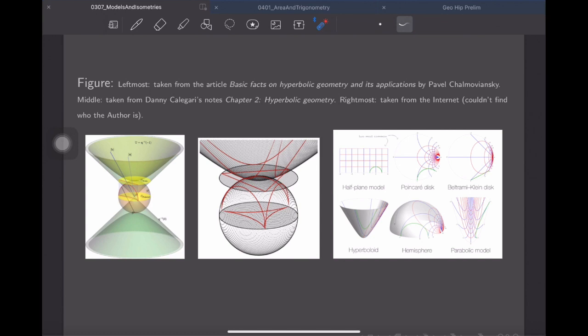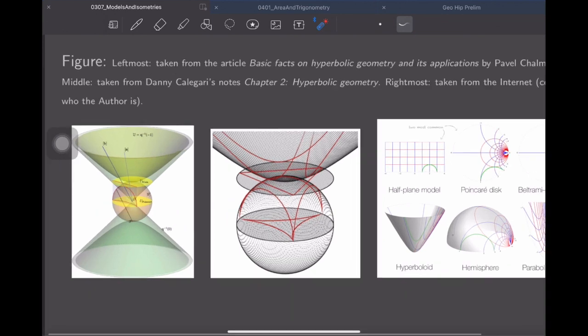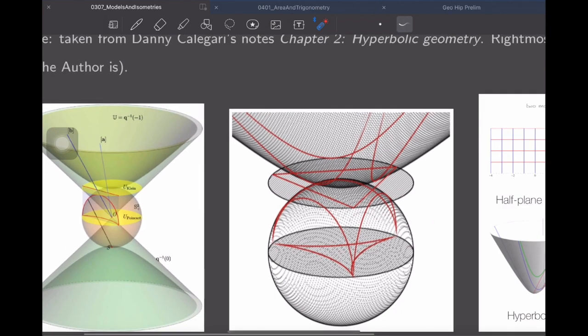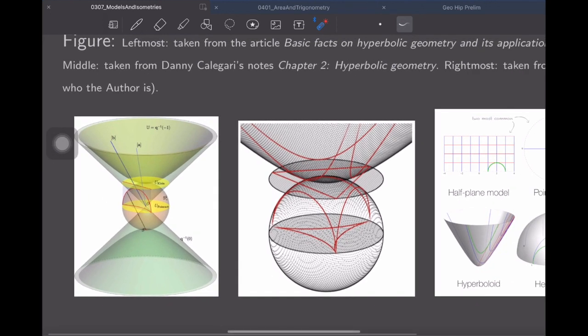Well, since the shortest curves here are just segments of Euclidean straight lines, the hyperbolic convex sets in this Beltrami-Klein model are simply Euclideanly convex.